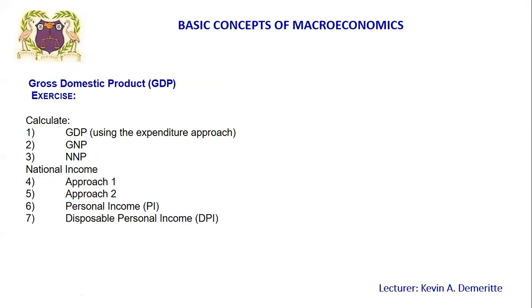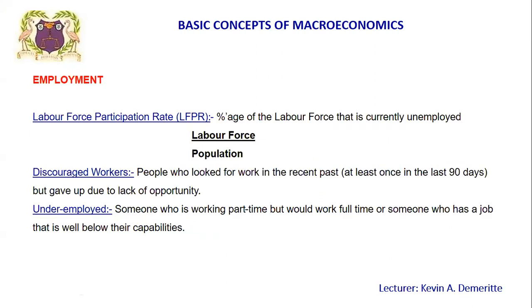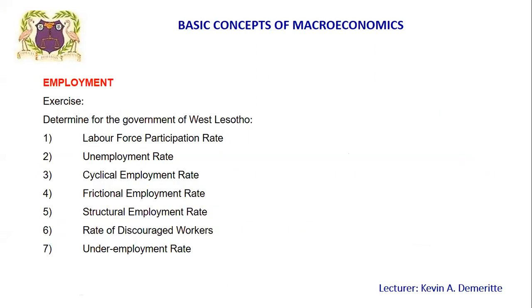And you would need to go through this exercise to get the answers for those 7 questions. Then you will be given this kind of scenario, and you'll be given these 7 questions. So in total, you'll have 18 questions. I'm sorry, 14 questions. And that you would need to cover.